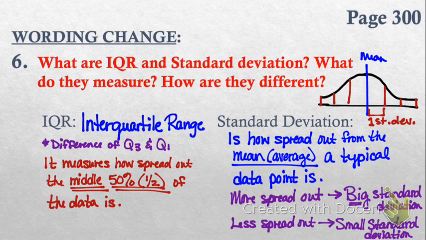So we would plot all of our data points on a number line, similar to what you see in your book, there's dot plots there. And then we're going to say, how far over from the center would I have to go on either side of the mean to capture about 2/3 of all this data? Because that's what my standard deviation is going to do.